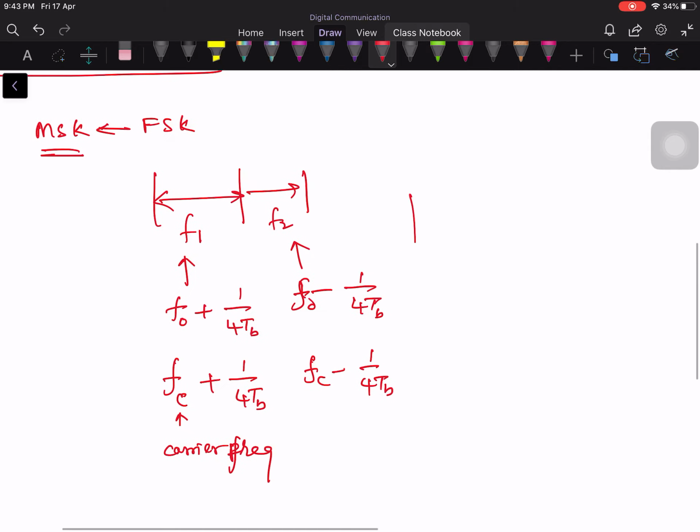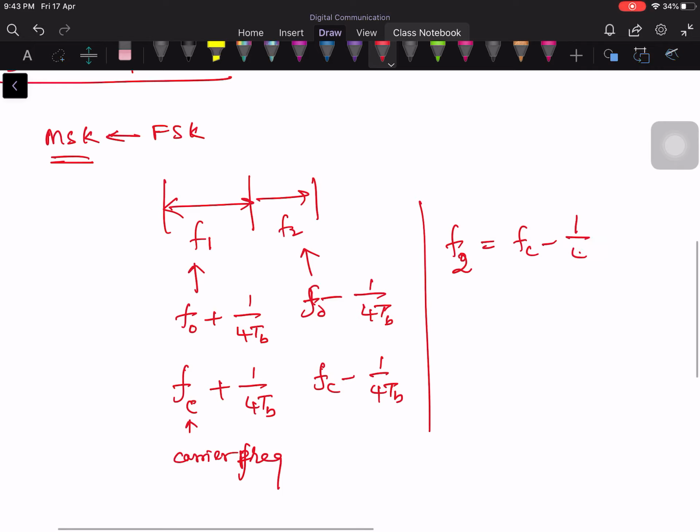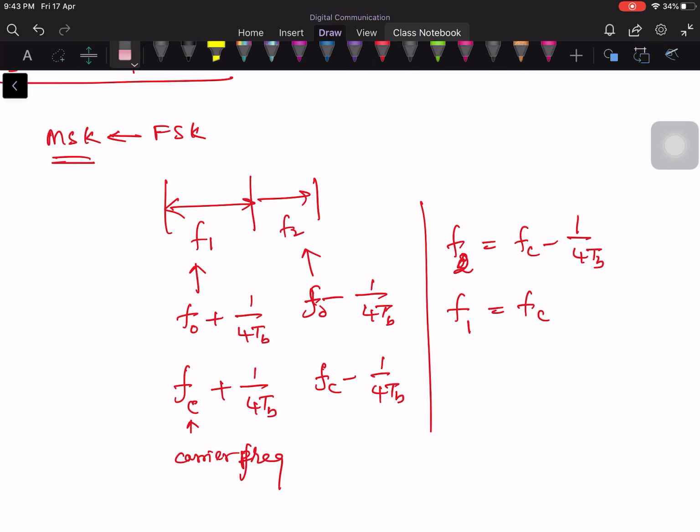You can think in this way, or you can say F2 is equal to Fc minus 1 over 4 TB, and F1 equal to Fc plus 1 over 4 TB. Either way you can choose as you like.